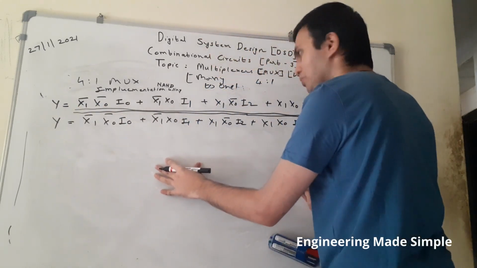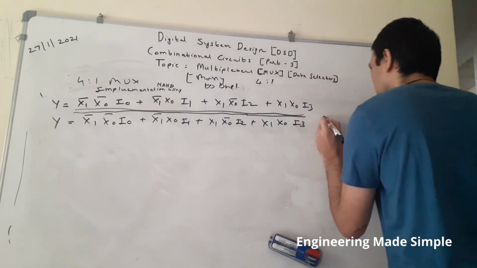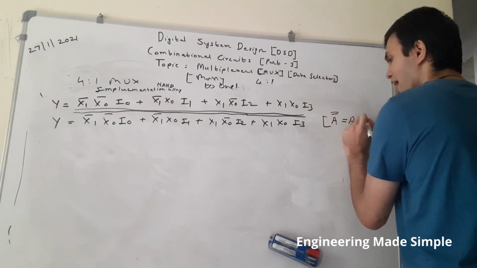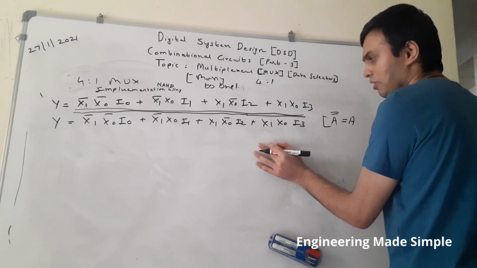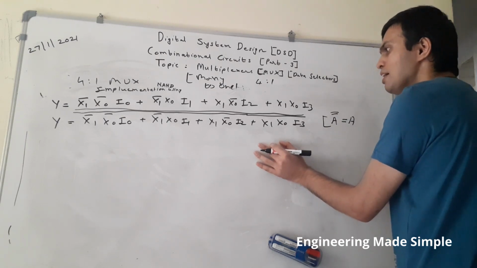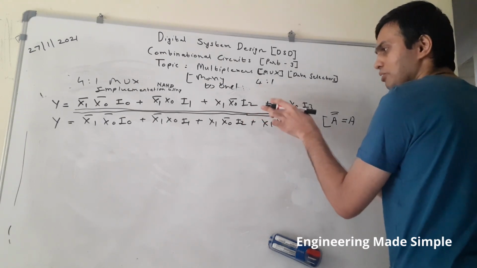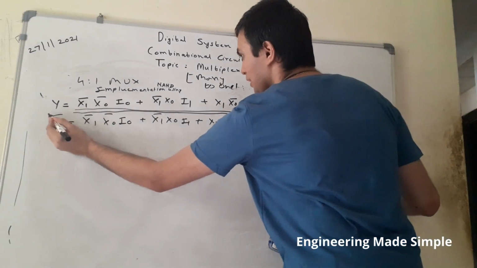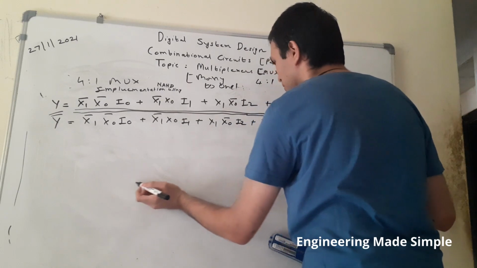Why double complement? Because when you remember the Boolean law, double complement of A is A. So I want to do certain modifications in order to implement the circuit using NAND logic, but I don't want the meaning of the system equation to change. So that's the reason I have taken double complement on both sides, as it doesn't change its meaning.